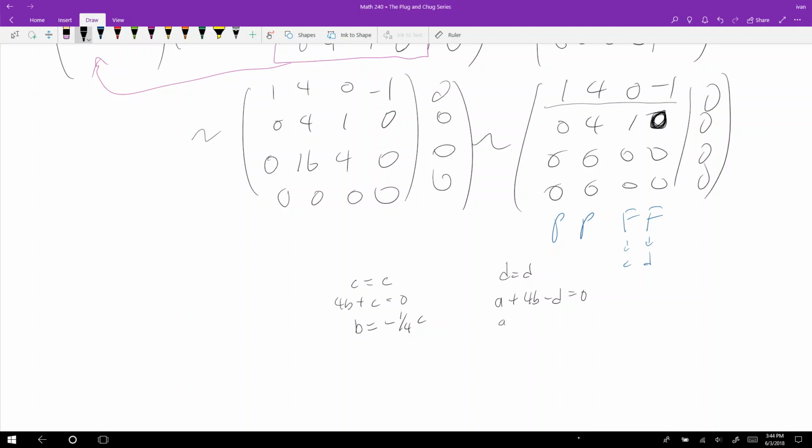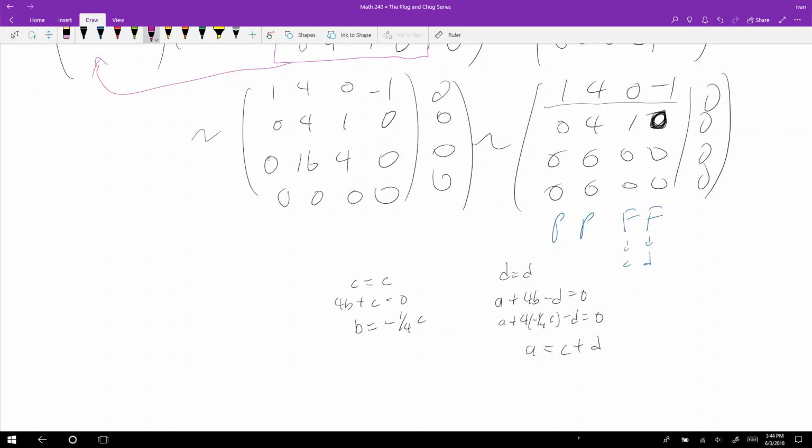So this is actually A plus 4 times negative 1/4 C minus D is equal to 0. And A ends up equaling C plus D.